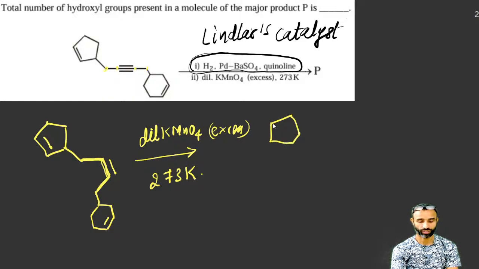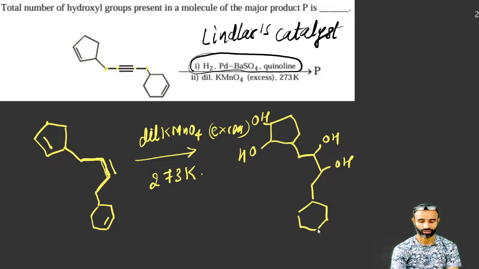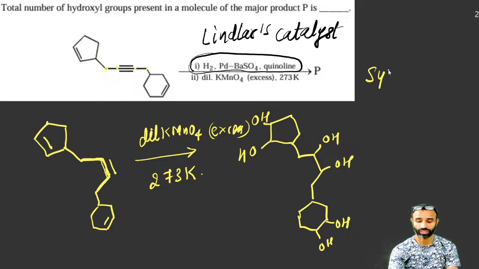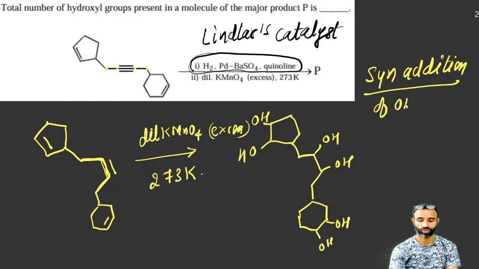Here there is a double bond, so that is replaced by OH. Again a double bond is replaced by OH, and here it is syn addition. That is also important in stereochemistry. Keep in mind, KMnO4 shows syn addition of OH groups.